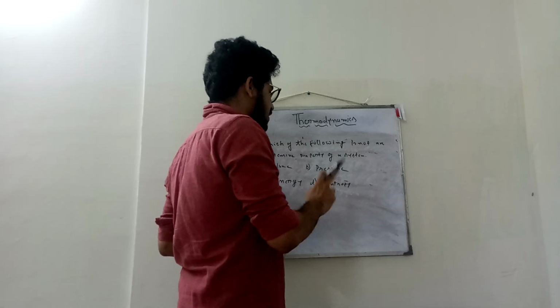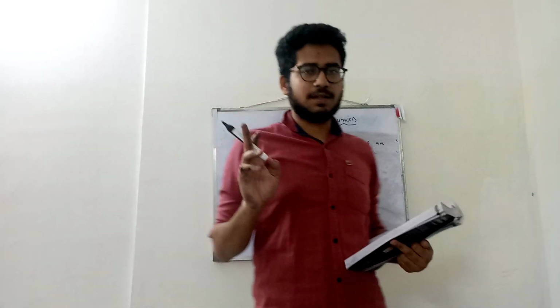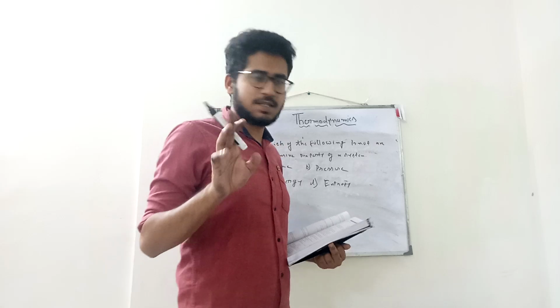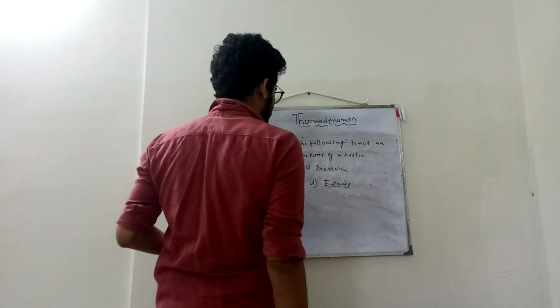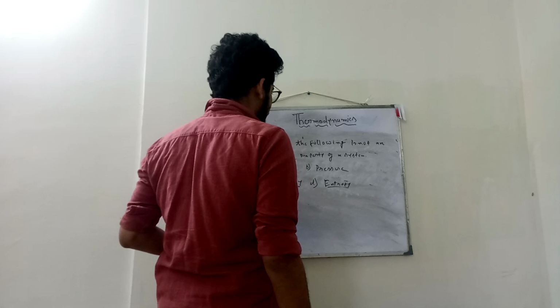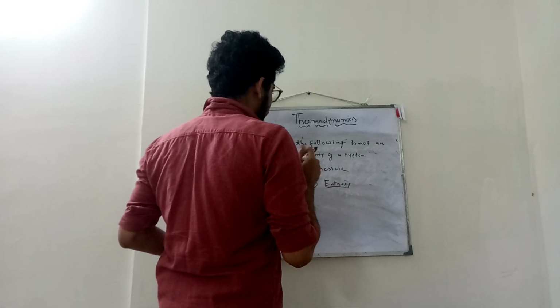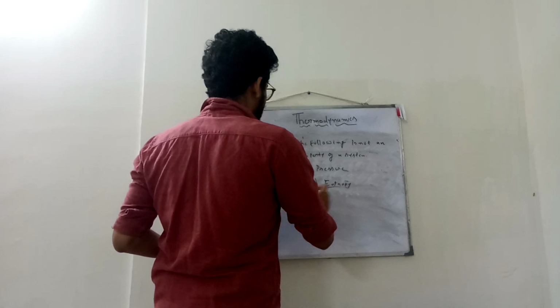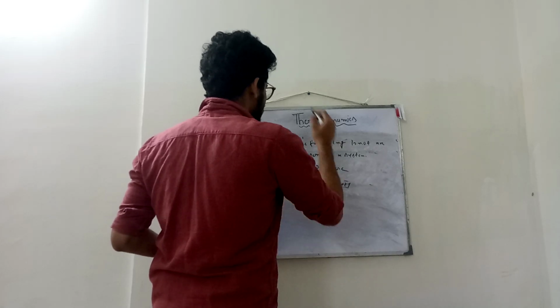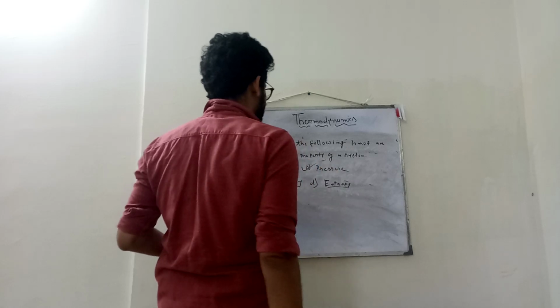One thing: pressure and temperature are intensive properties, but volume, energy and entropy are extensive properties. Volume is an extensive property, energy is an extensive property, entropy is an extensive property. So the correct answer is pressure.